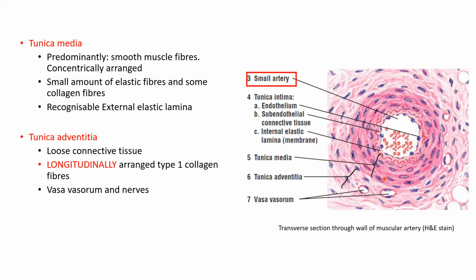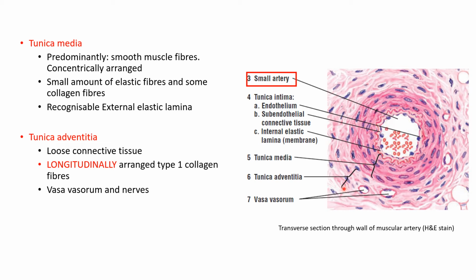The tunica media is separated from the tunica adventitia by the external elastic lamina present outside this layer. Now, the outermost layer, that is the tunica adventitia, its thickness is almost similar to that of the tunica media in case of muscular arteries.